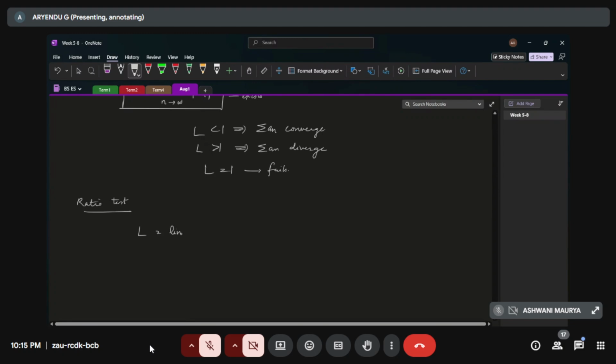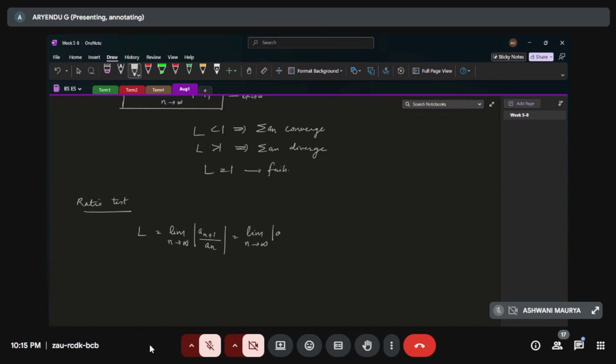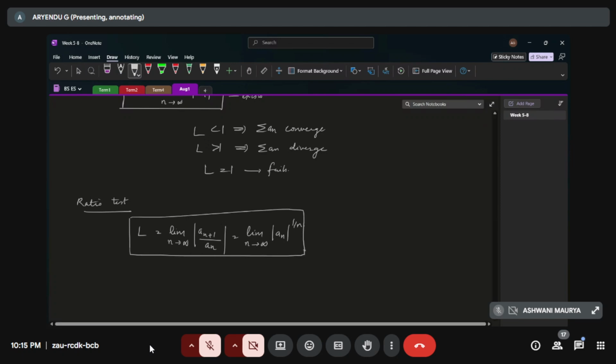L is equal to limit of n tends to infinity a n plus 1. This is the difference between the ratio test and the root test. Limit n tends to infinity a of n whole raised to the power of 1 by n. All these will be equal if this particular L exists.